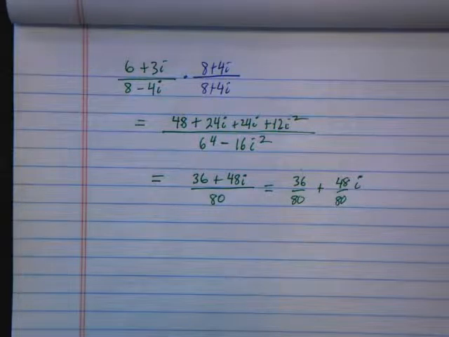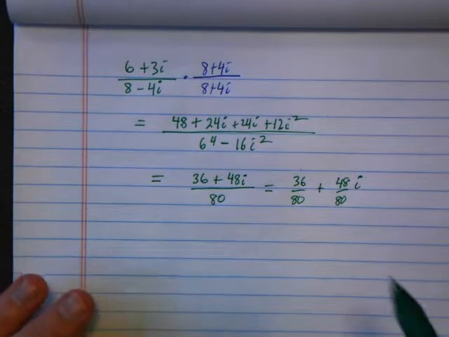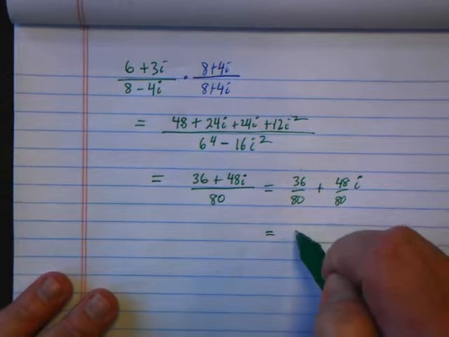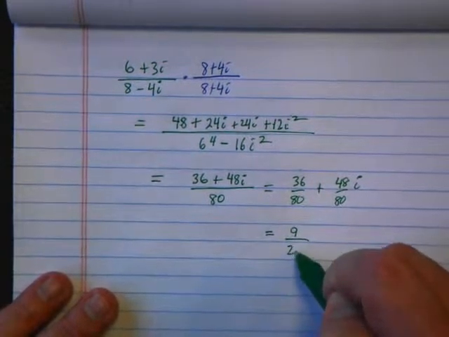Why not? I can simplify both my fractions. So what can I reduce with a 36 over 80? I can reduce by 4, I think. 36 divided by 4 is 9. 80 divided by 4 is 20.